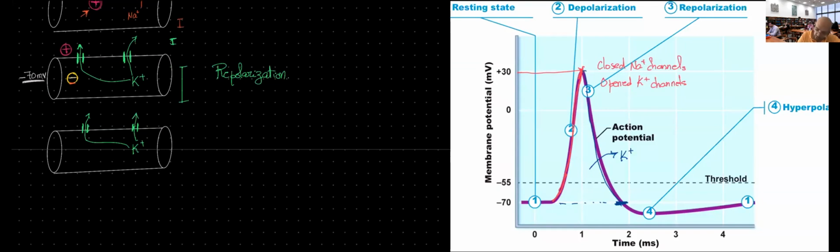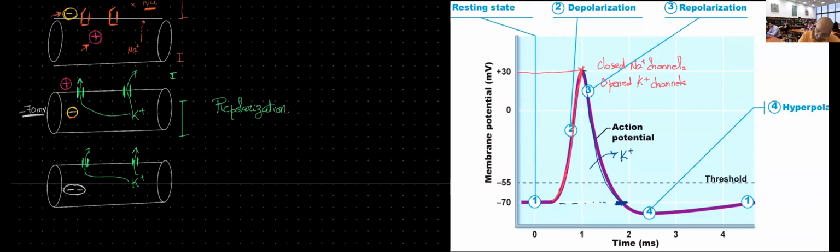So the inside will even become more negatively charged than it was at the resting state. So now the membrane potential is lower than the resting membrane potential. We call this a hyperpolarization. I'm even more negatively charged than my resting membrane potential.